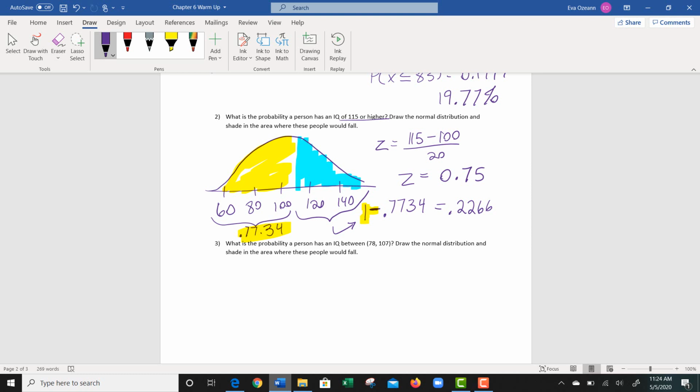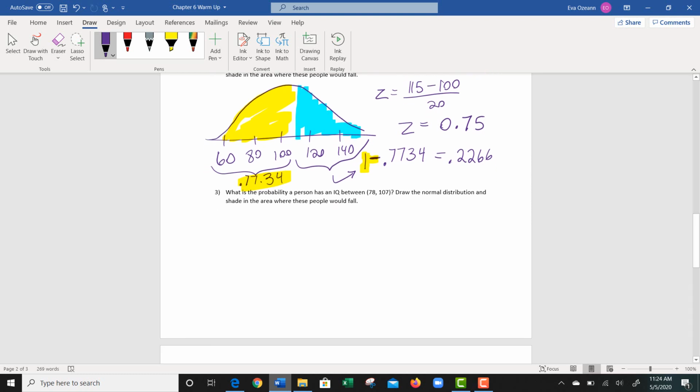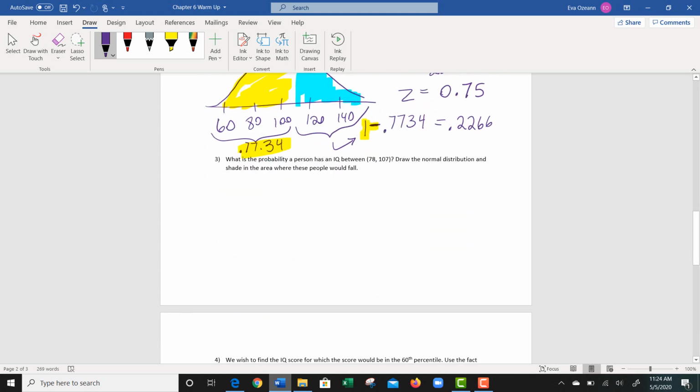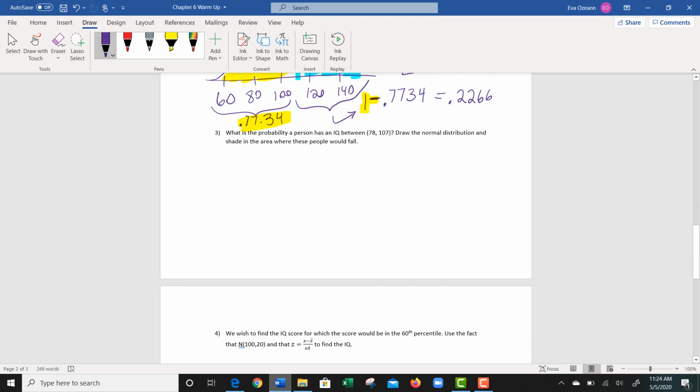Now, the last question asks, what's the probability a person has an IQ between 78 and 107? Okay, we want to draw a normal probability and shade in the area where these people would fall. First, we're going to have 100 here.